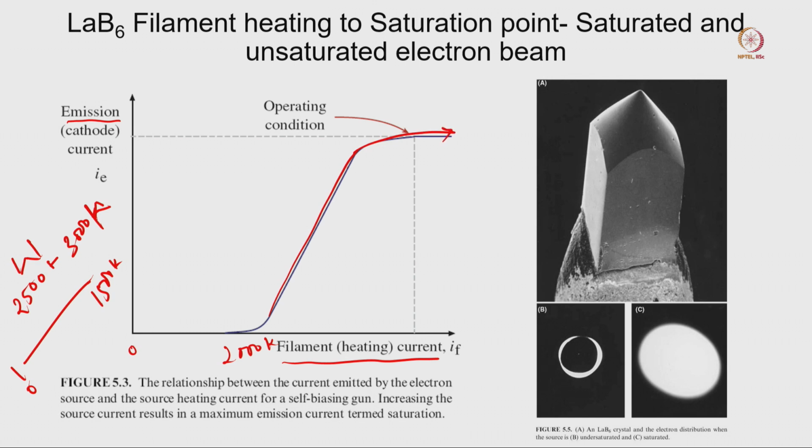Even if one day you notice that your filament does not have enough brightness, sometimes operators or users are constantly increasing the heating of the filament. But even if you increase the heating, if you go to 3500 Kelvin, it is not going to increase your brightness, it is not going to change your emission current anymore.